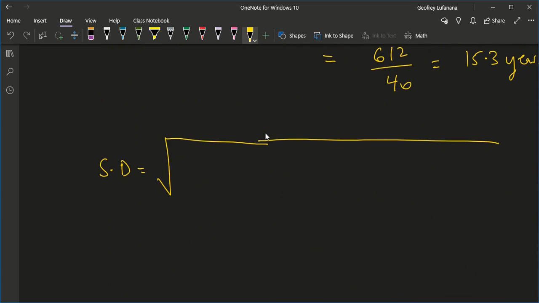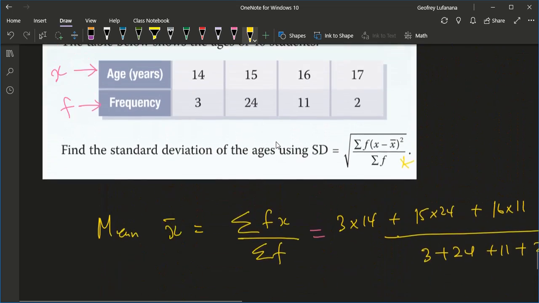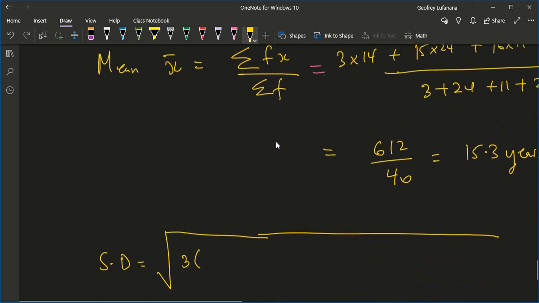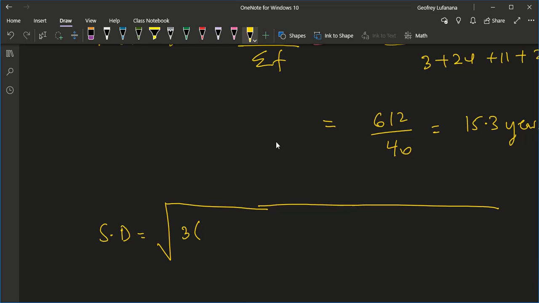So this is going to be 3 for the column of frequency of age 14. So that's 3 times (14 minus 15.3) squared. So this is the f, this is the x minus x bar, which is the mean. Then plus, I proceed to the other columns.